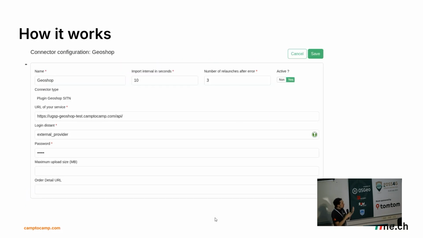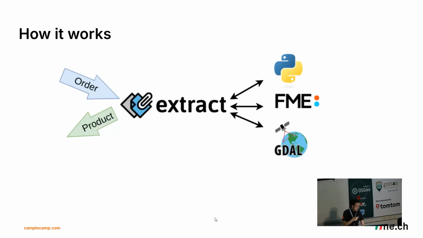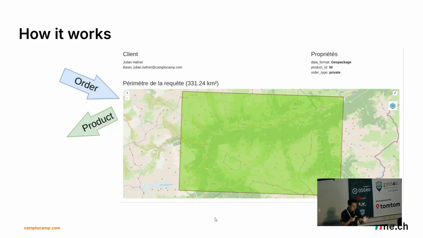As soon as an order is created, Extract is connected to the GeoShop and will see if this order is attributed to this Extract, and Extract will see the order in the form of a JSON. There are some attributes like data format or the product that's ordered, and also the parameters that have been ordered.